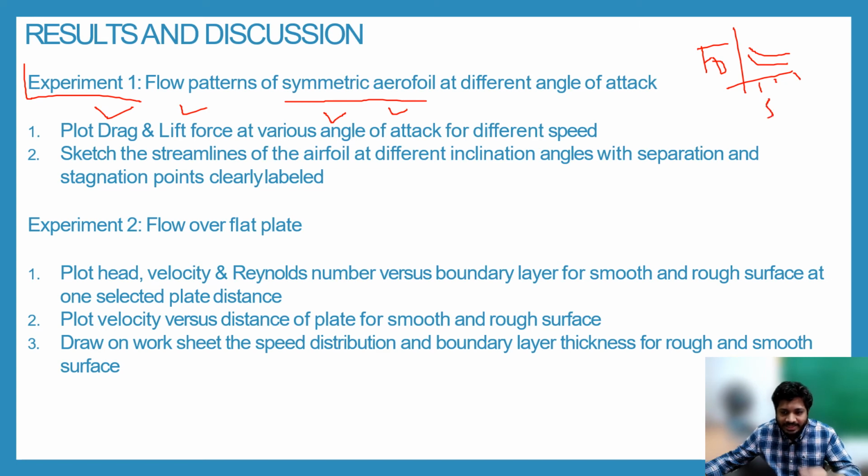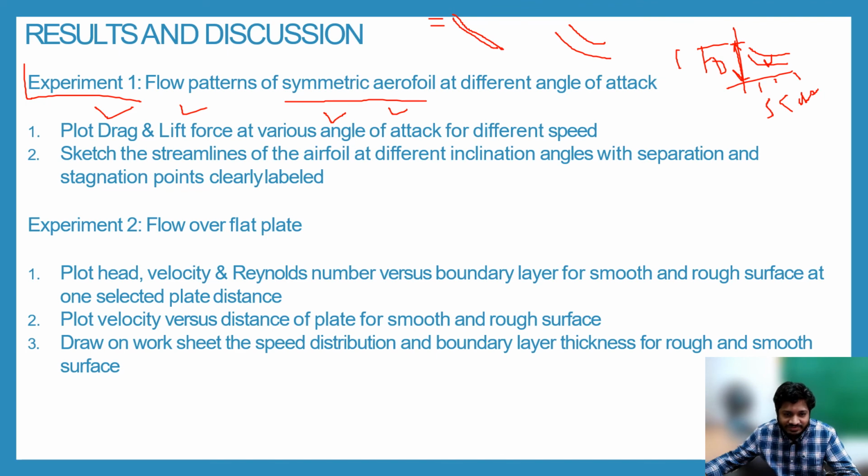Please mention the units, the force units, and make different graphs for different speeds. Make sure there is enough y-axis spacing so that the graphs can be seen separately. Some students I have seen mix them up together because the y-axis scale is not correct. So make sure that the y-axis scale is correct.